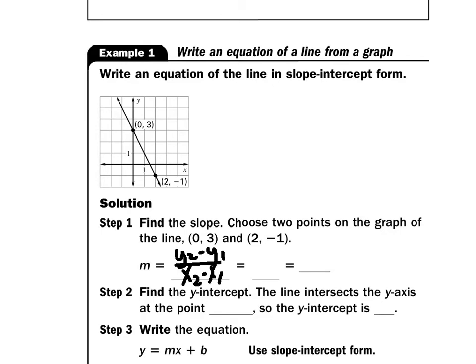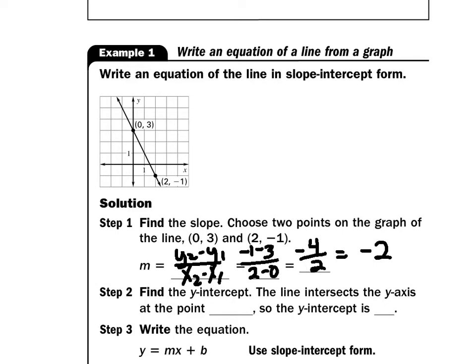That is the second y. It doesn't matter again which is first and which is second. So negative 1 minus 3 over 2 minus 0. Negative 4 over 2, and that equals negative 2.